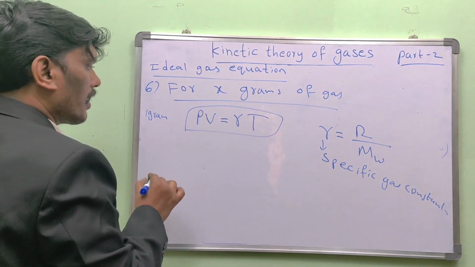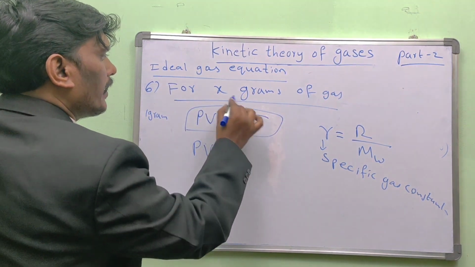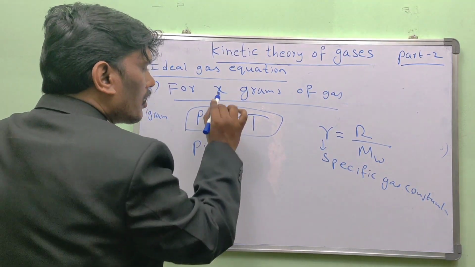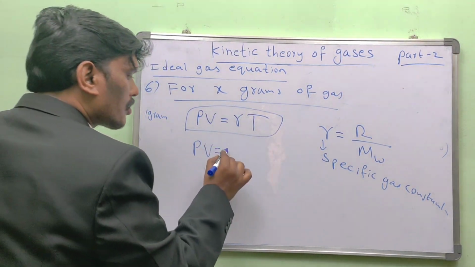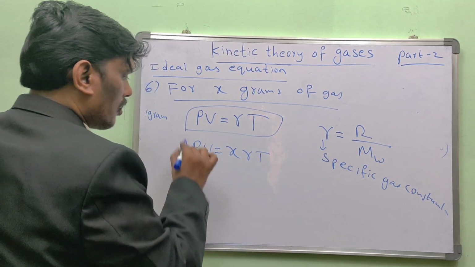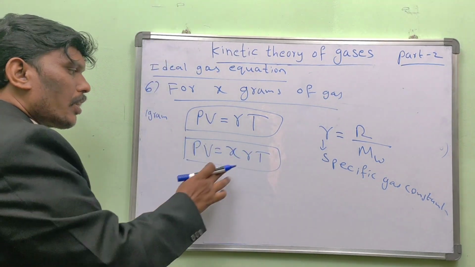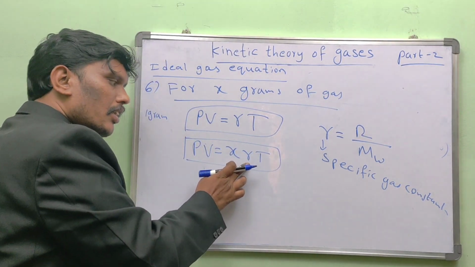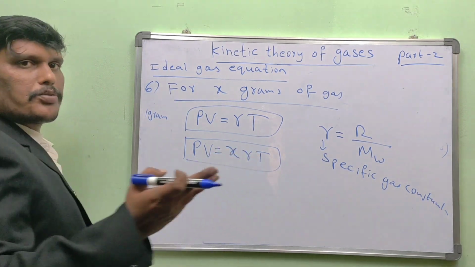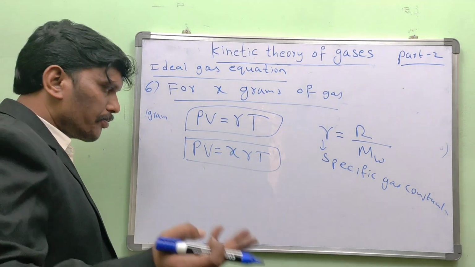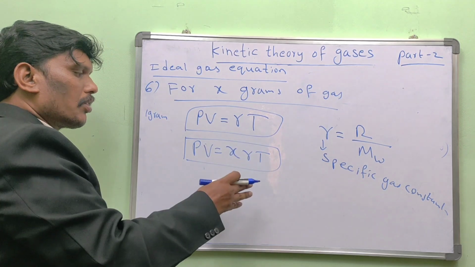I require it for x grams of gas. For 1 gram, PV is equal to rT. For x grams of gas, PV is equal to xrT. That's all. Suppose the problem gives the specific gas constant and x grams, say 5 grams, 10 grams, 100 grams, then use this formula to solve the problem.